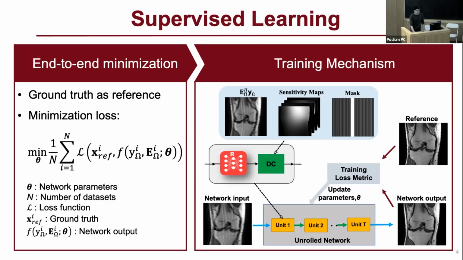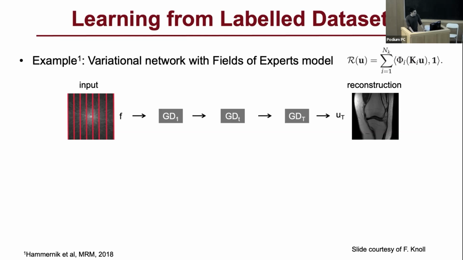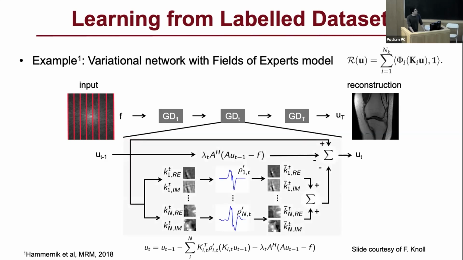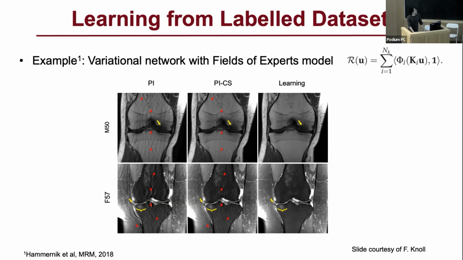So there has been lots of work in this domain that uses supervised learning, because if you have the reference, you can compute the loss and you can do lots of things. One of the first works in the field was the variational network. What they did was directly unrolling the gradient descent by using the field of experts model. And they showed that you can perform better than the conventional methods, parallel imaging and compressed sensing.